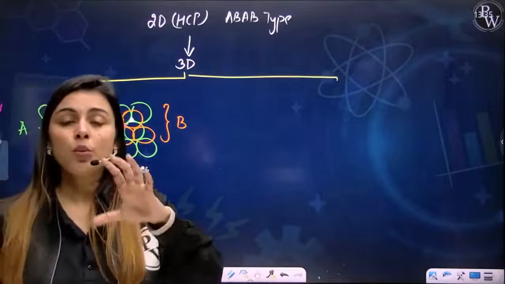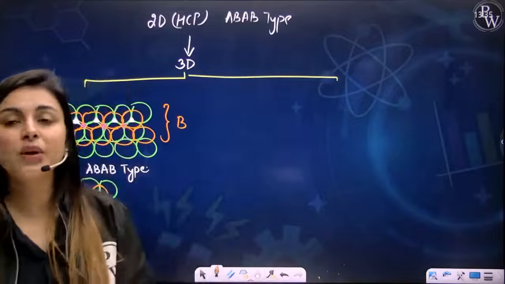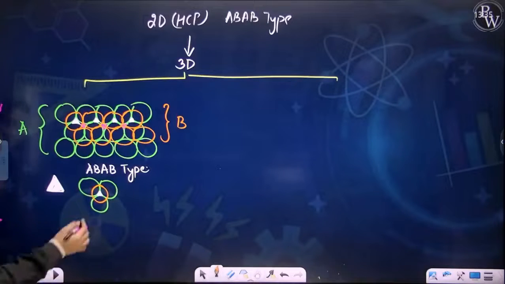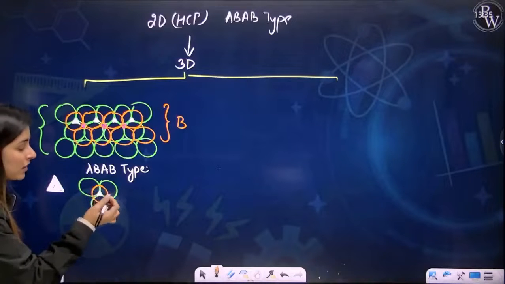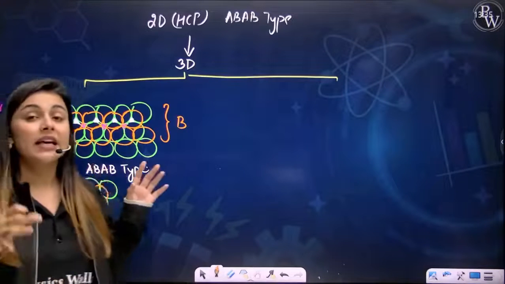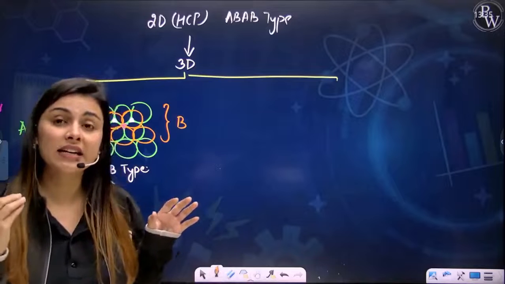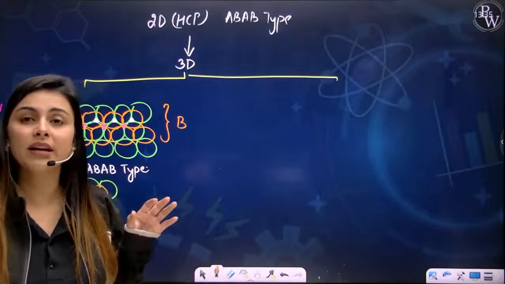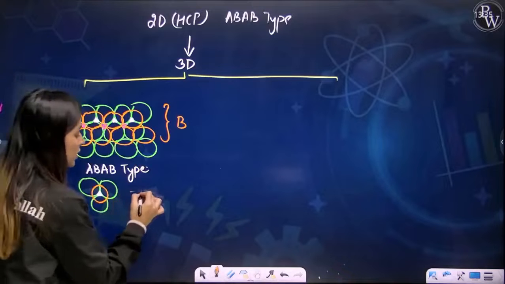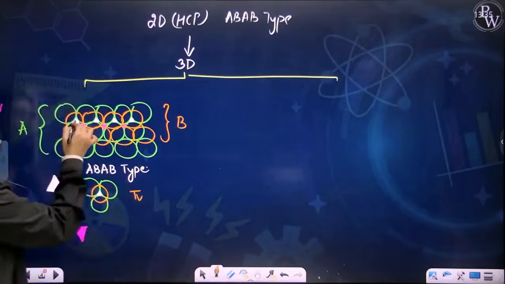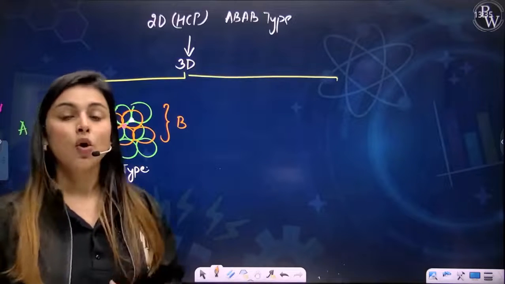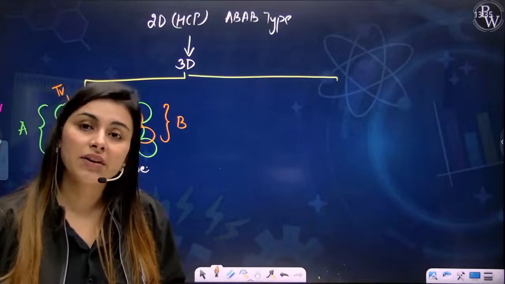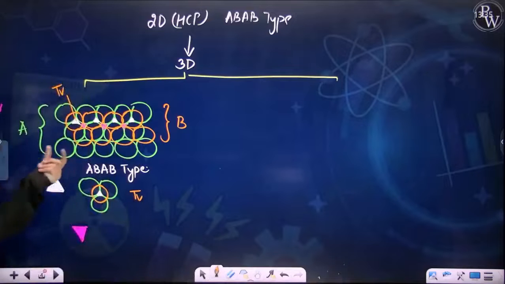Can you tell me which type of void this is? If 3 atoms are making a void and a 4th atom is above it, can I say that it is a tetrahedral void, a void formed by 4 atoms? Yes. So all the white parts are your tetrahedral voids here.